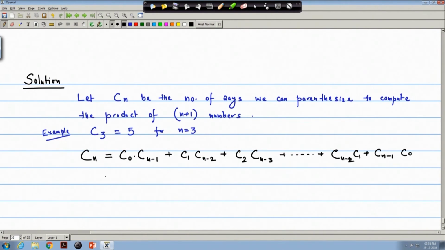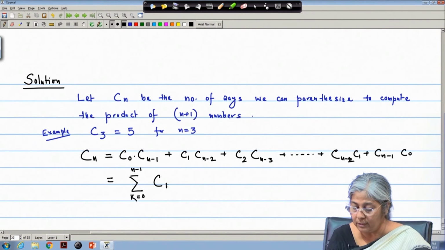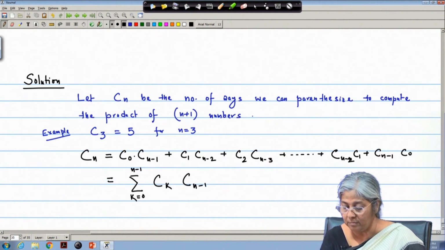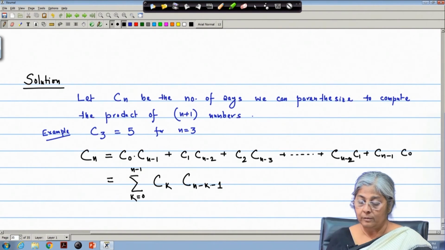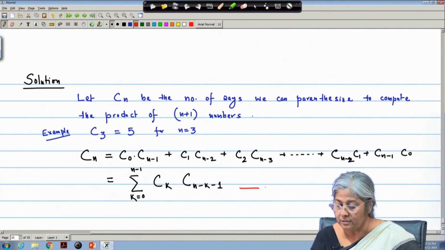So, I can write this as the sum for k equal to 0 to n minus 1 of Ck times C of n minus k minus 1. So, this gives a recurrence relation.